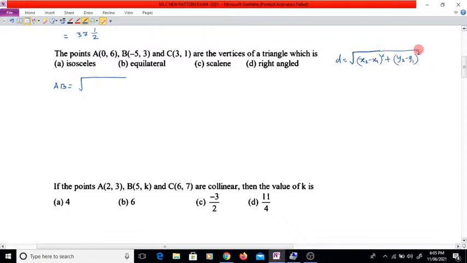We will use this formula to find the distance between the points. So distance between A and B is (x2, -5, minus 0) whole square plus (y2, 3 minus 6) whole square.